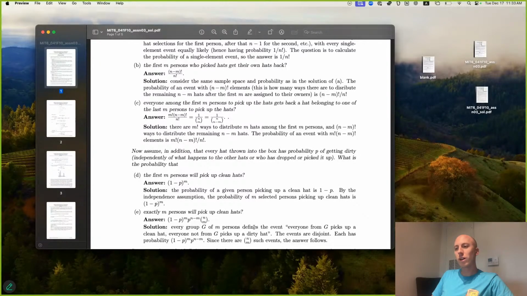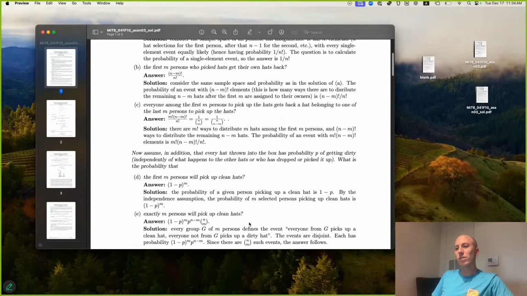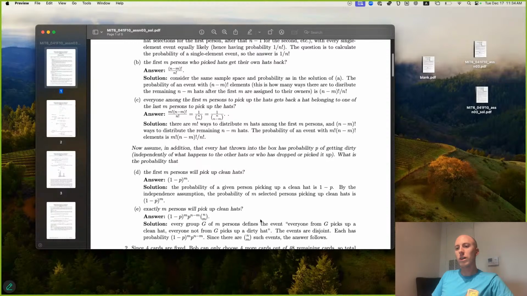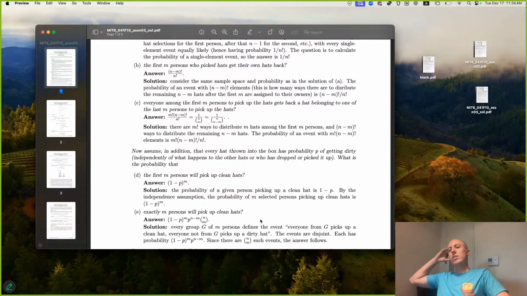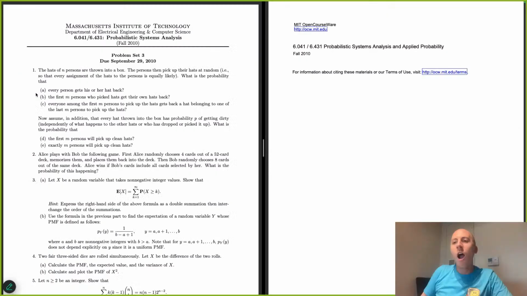Every group defines the event. Everyone, not everyone. This is weird. I don't even understand that, and I don't even know if I want to ask ChatGPT. I don't think I really care that much.